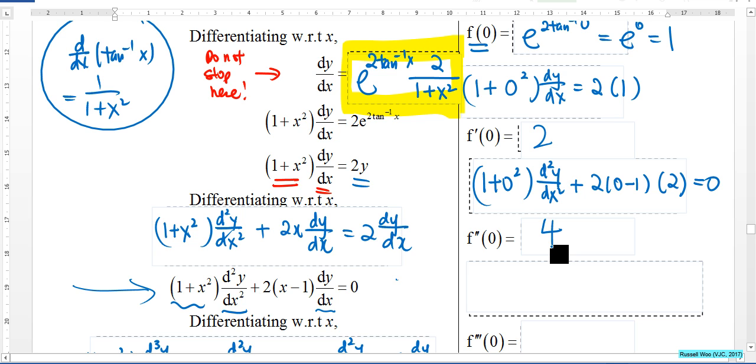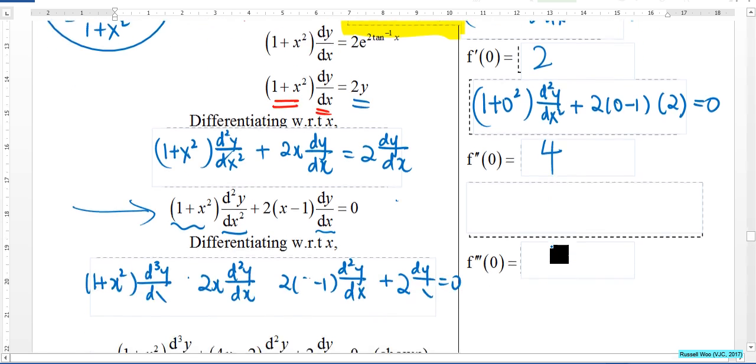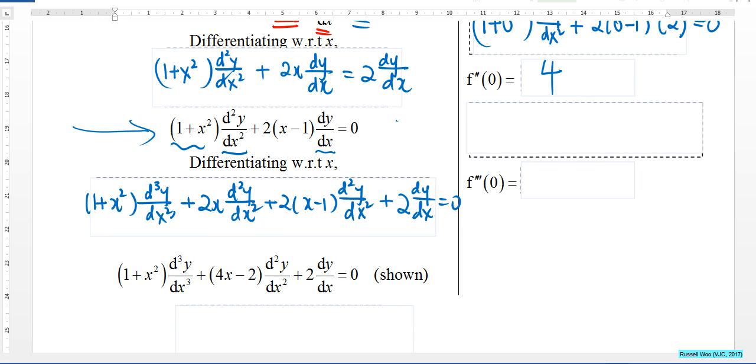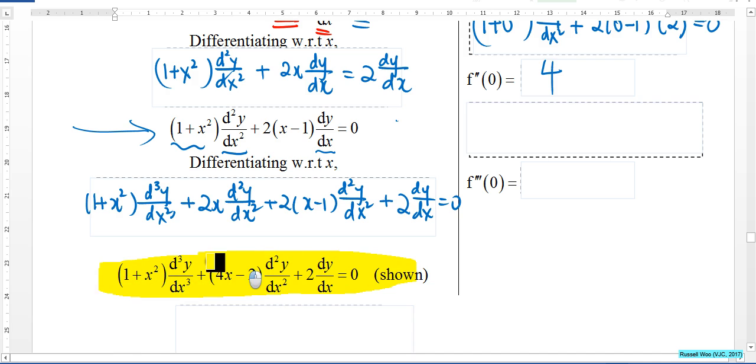So to get f triple prime, you actually substitute into this. Quite brainless actually, quite easy.